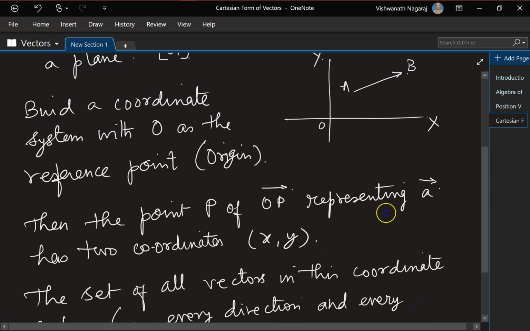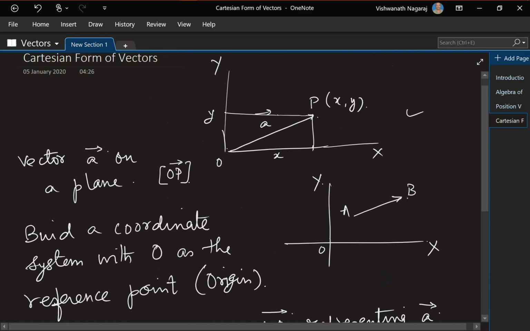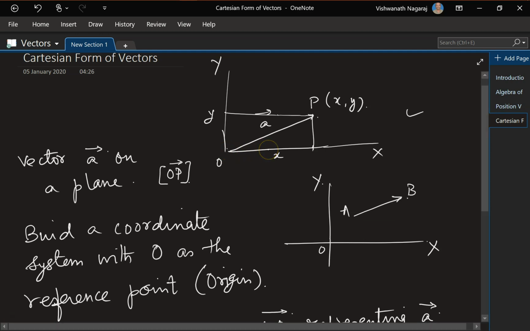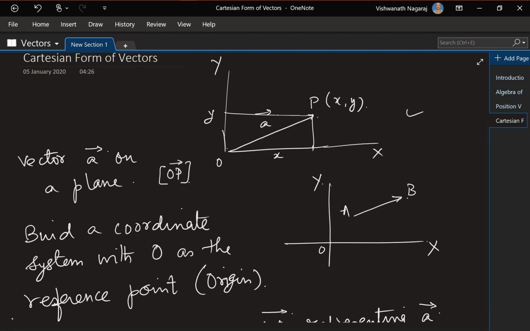What this basically means is that if we always start with O, that means our initial point is O, then every point in this graph would represent a vector.